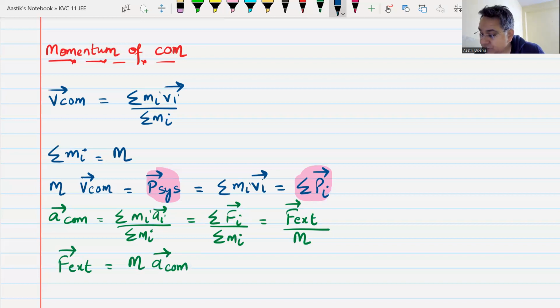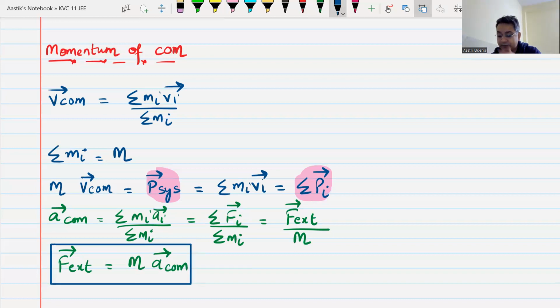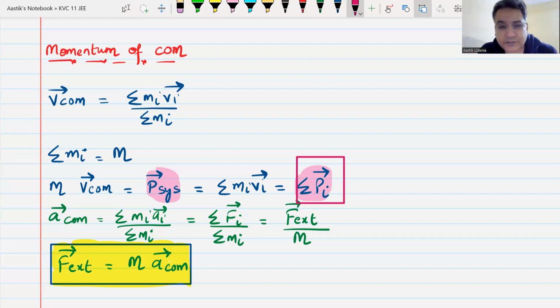These two are very important results that we have achieved for the center of mass. The first one is that the external force acting on the system is m into the acceleration of center of mass, and the second one is, I'll give you time to write, don't worry, that the momentum of the system of particles or momentum of the center of mass is summation of pi.